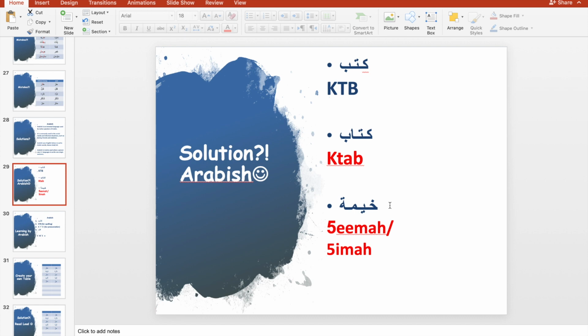Now, what about the Arabic letters that have no equivalent in English or French? For those letters, Arabizi uses numbers. For example, in khayma, 5 is used instead of kha. Why? Because the word 5 in Arabic is khamsa.